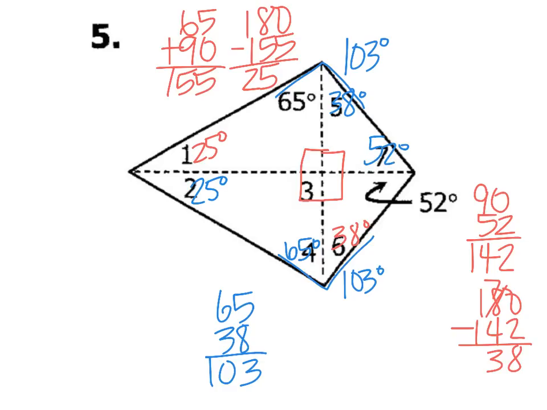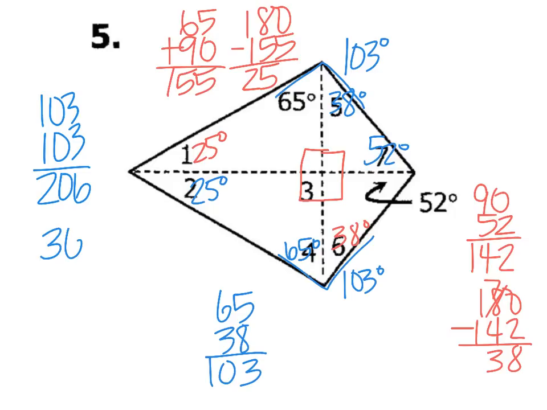We can confirm this by adding together these two angles, 103 plus 103, which gives us 206. We know all the interior angles of this kite have to add up to 360.